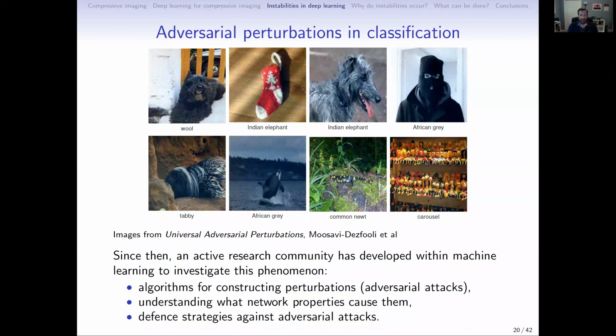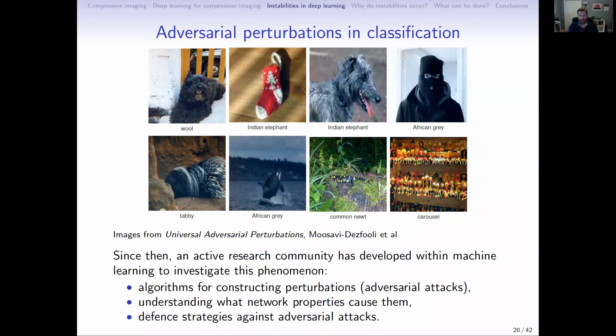Generally speaking, people look at different algorithms for constructing these perturbations. I should emphasize here that the perturbation is not random. It's designed to cause the wrong output on the network. So it's sometimes referred to as an adversarial attack, in the sense that you can think of some kind of malicious actor who wants to cause your network to misclassify. More about that in a moment.